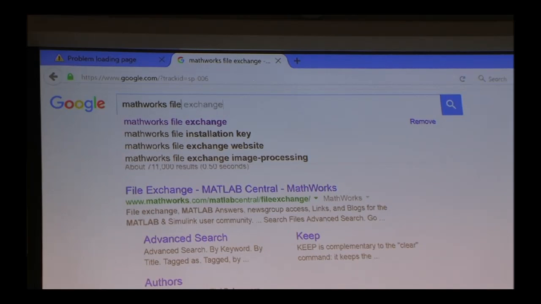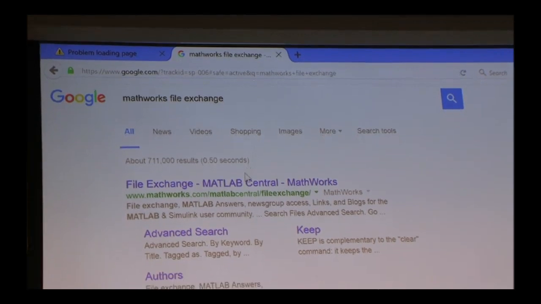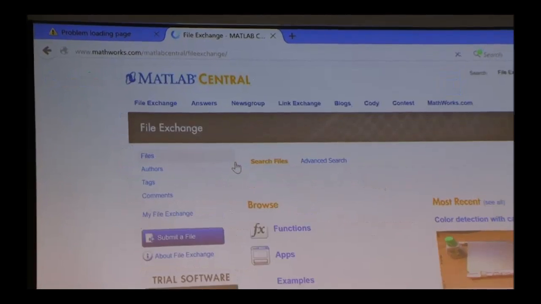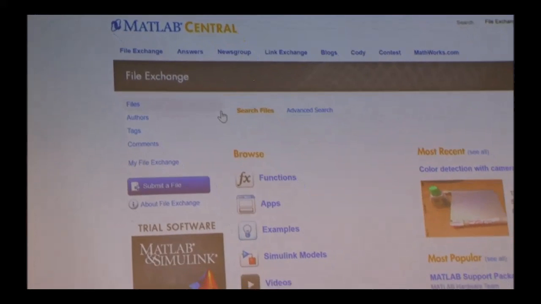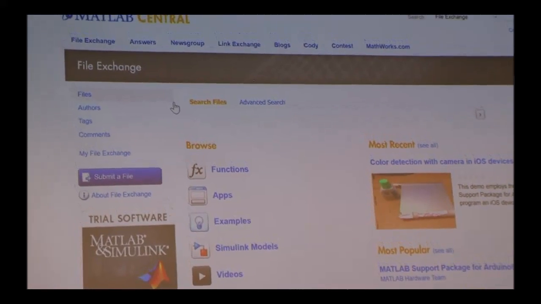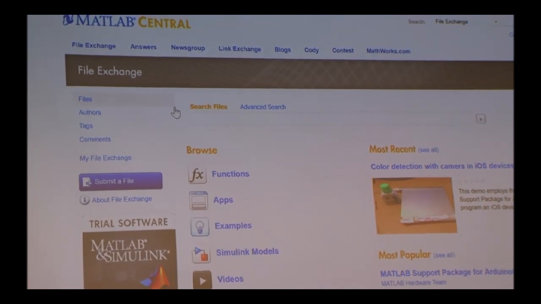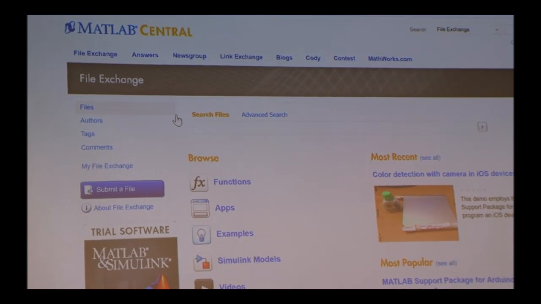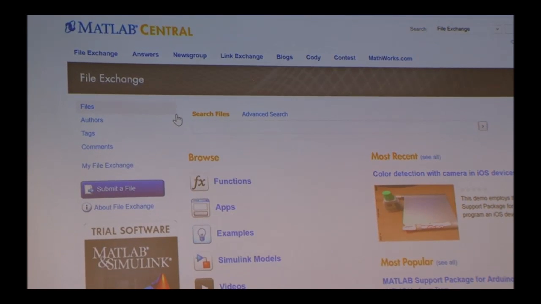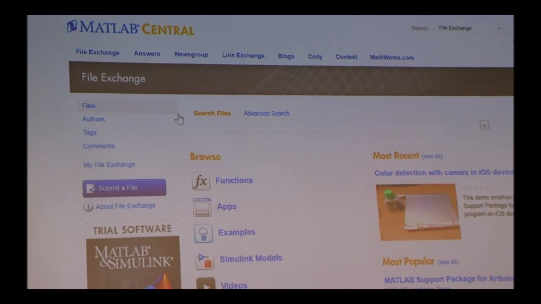File. Have you ever seen this web page? So this is kind of dangerous. I have uploaded stuff here myself. So you have to trust the community and people that upload their own functions, and they promise that they do something, and sometimes they do, sometimes they don't. So I'm sure if you look for Astrodynamics, you can find stuff.